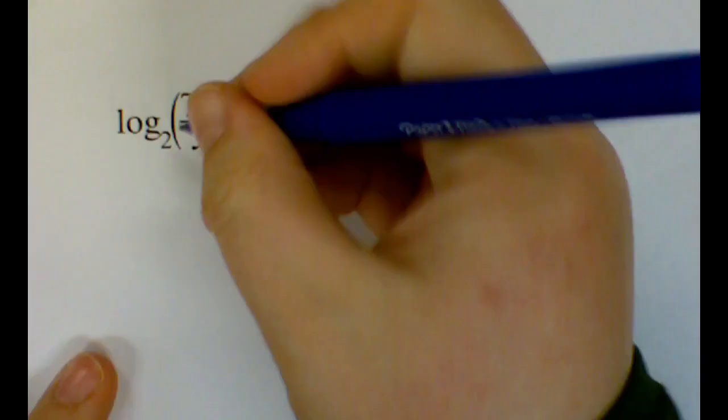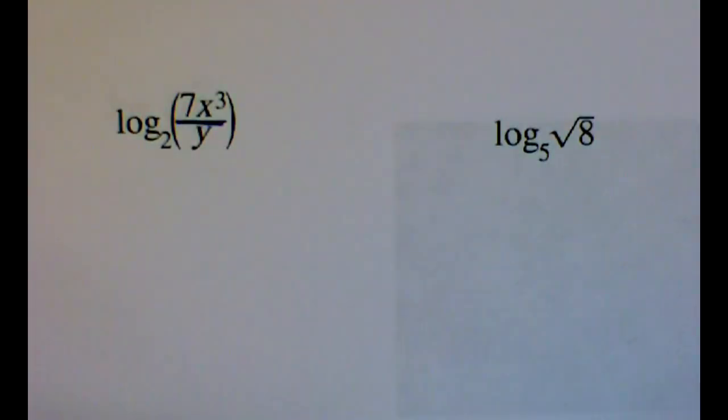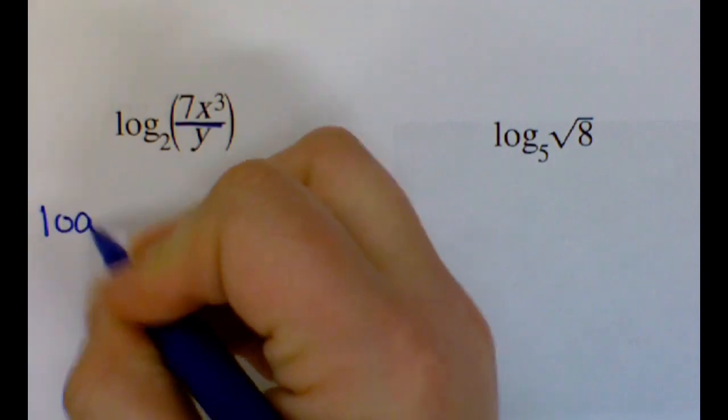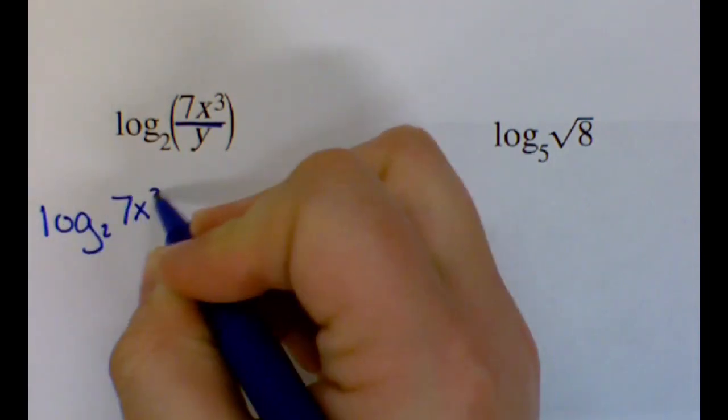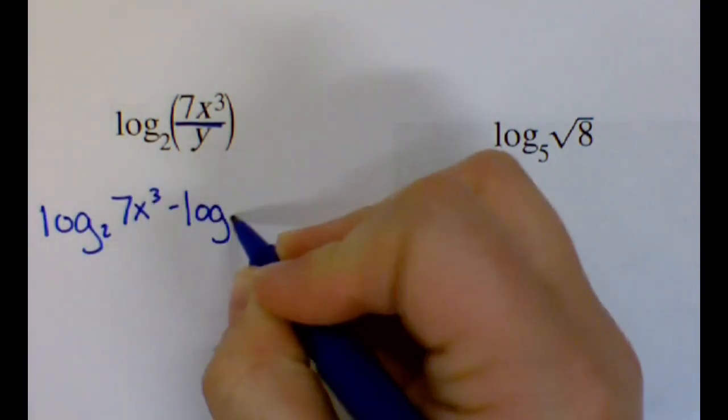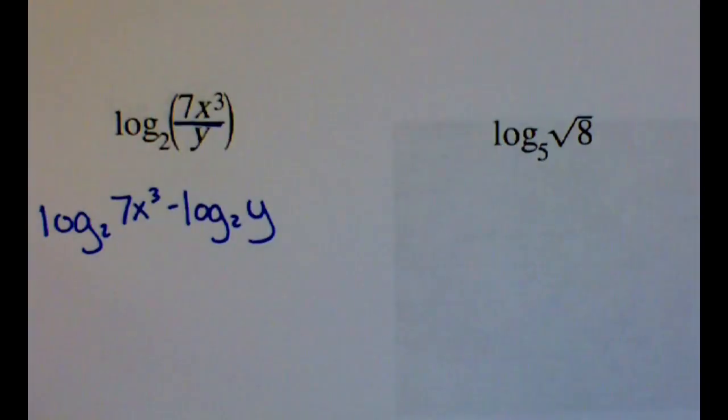Let's do some more. I see division. Let's deal with our division first. I take log base 2 of the numerator minus log base 2 of the denominator. Then in that numerator, I see some multiplication. Let's split that apart.